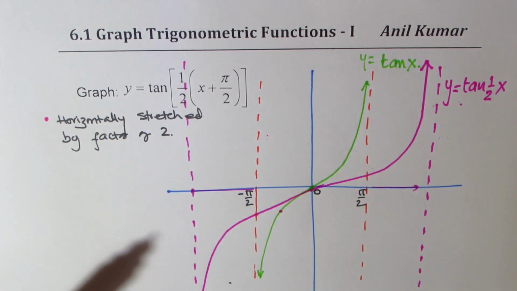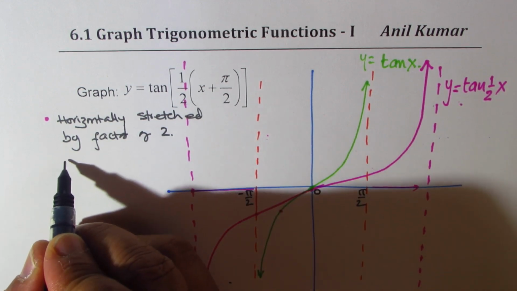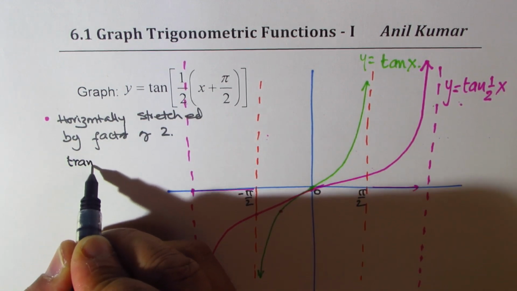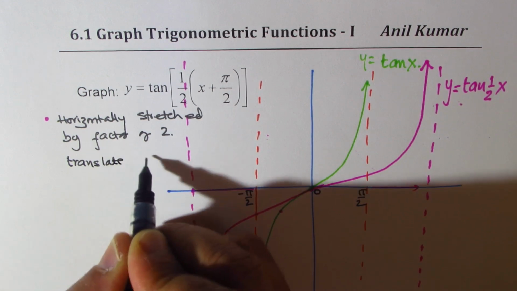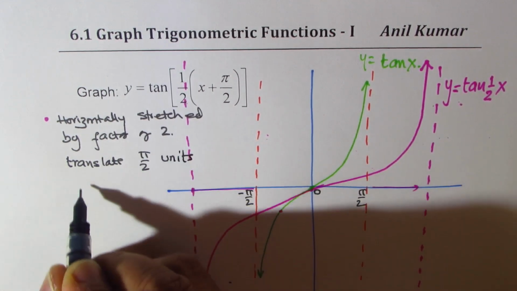Now let us incorporate horizontal translation of pi by 2. So the last step here is pi by 2, which is translate pi by 2 units left.